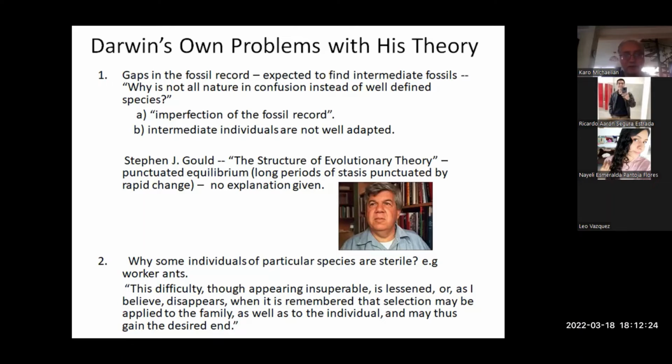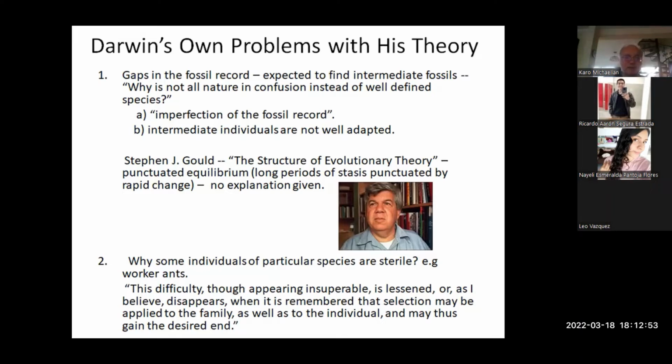And so he gave another answer to his problem of gaps in the fossil record, which was that intermediate individuals between the species are not well adapted. And so they would disappear quickly, and the individuals would have to evolve rapidly into a species which was better adapted for the environment.